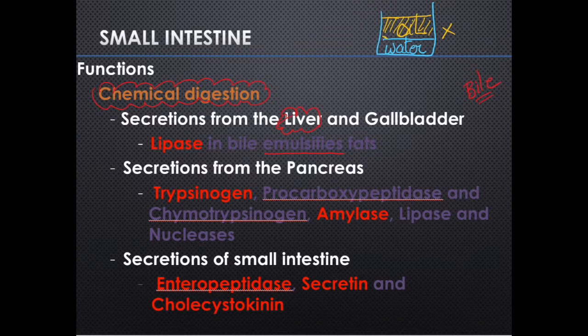So how do you think I will be able to break down fats if the fat is insoluble? Is water insoluble? So how would I be able to break it down if I have the enzymes which are breaking down the fat located inside the water? I need first to make it more soluble.